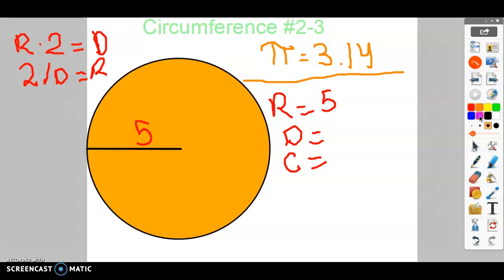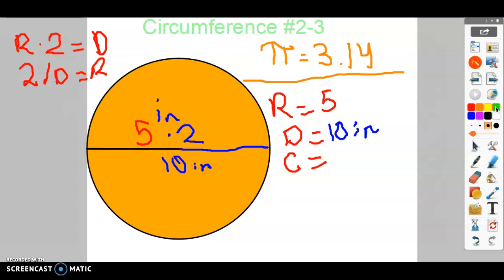So, since here we have a radius, we're going to multiply by 2. So 5 times 2 will give us 10. Let's put inches, so we won't leave our numbers naked. Inches. So we found our diameter: 10 inches.